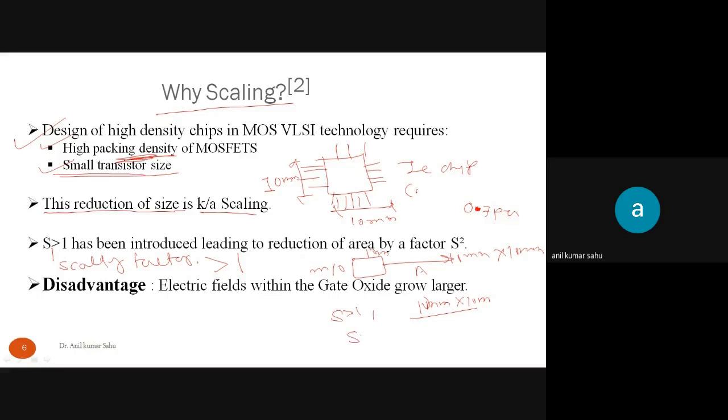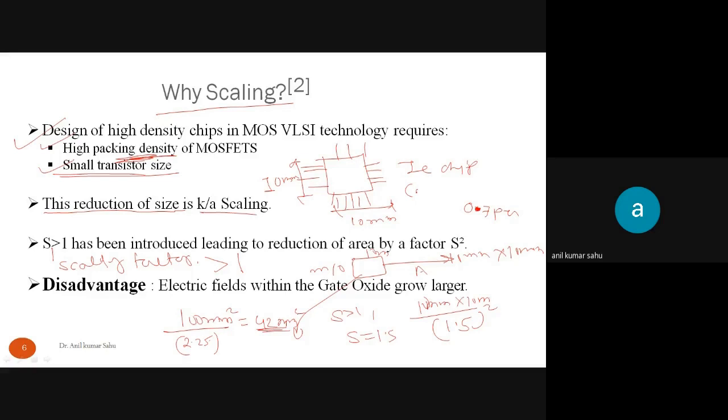Suppose the scaling factor is 1.5, so it is 1.5 squared. After the scaling, the chip size becomes 100 divided by 1.5 squared, that means 2.25, so it becomes around 44.